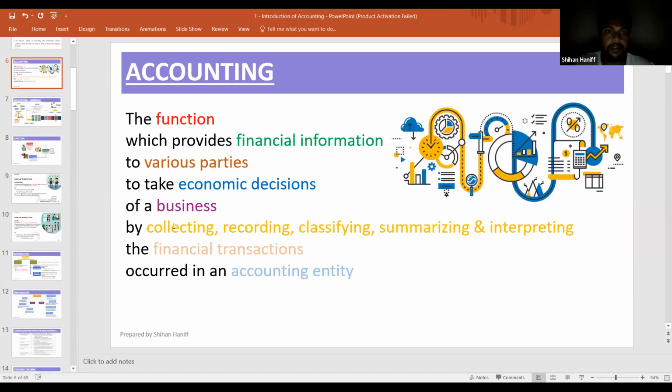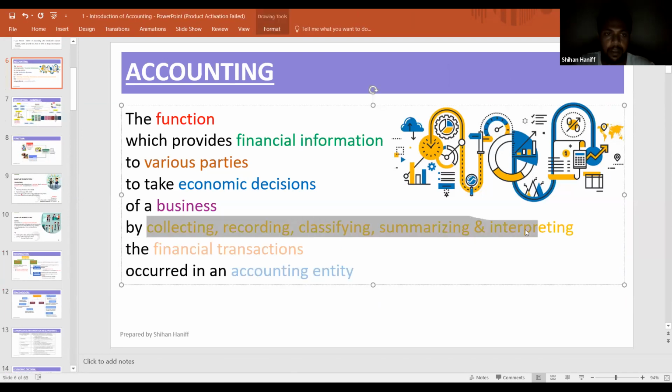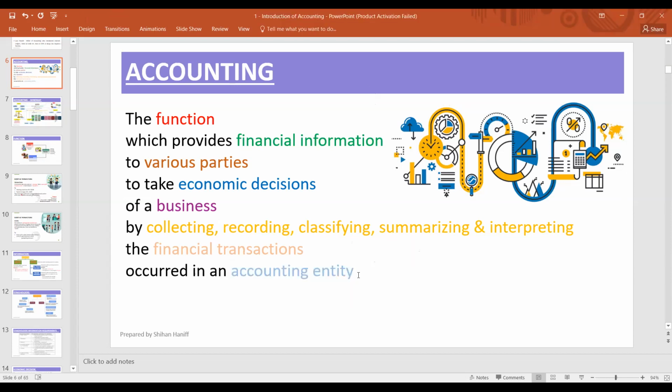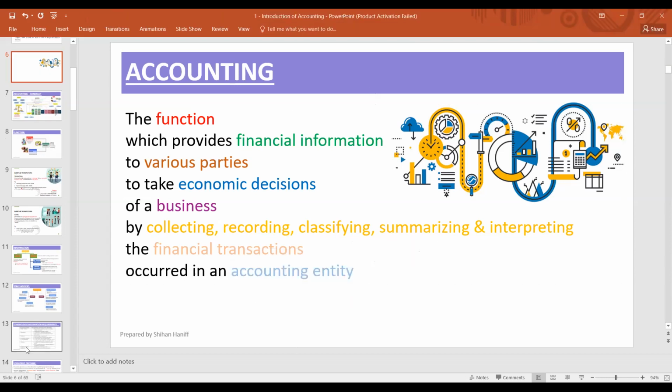So coming back to the definition: collecting, recording, classifying, summarizing, and interpreting financial transactions. So we studied what a transaction is. Financial means the transaction has a monetary term and occurred in an accounting entity. So what is an accounting entity?